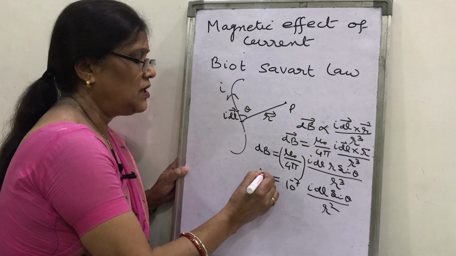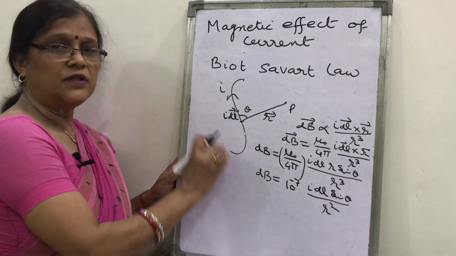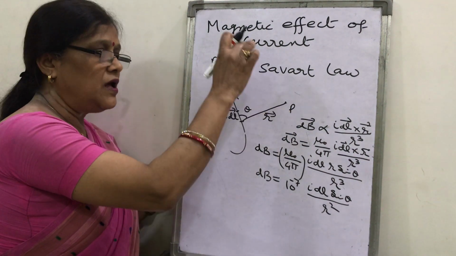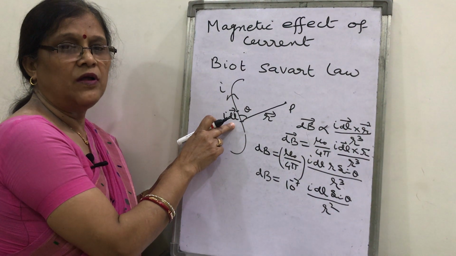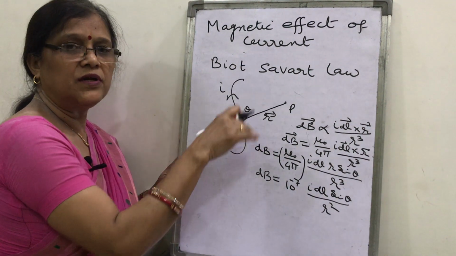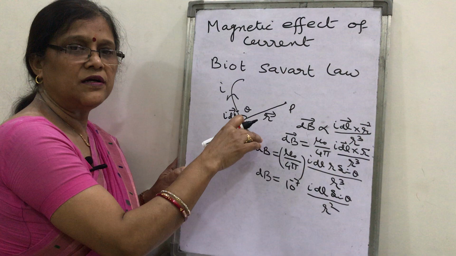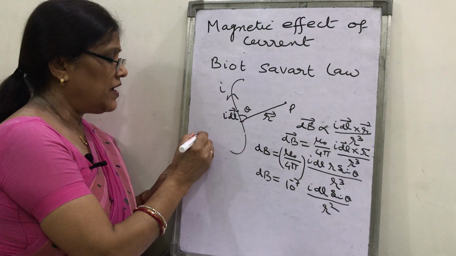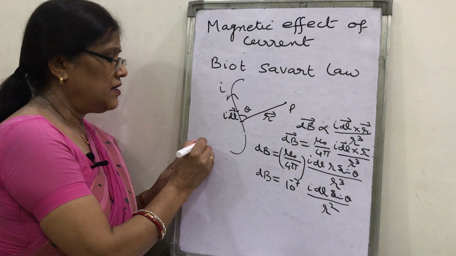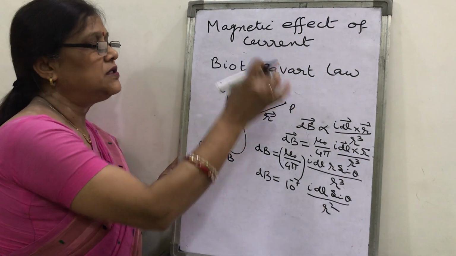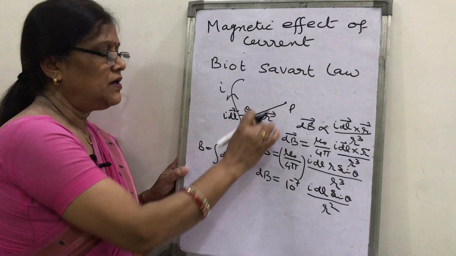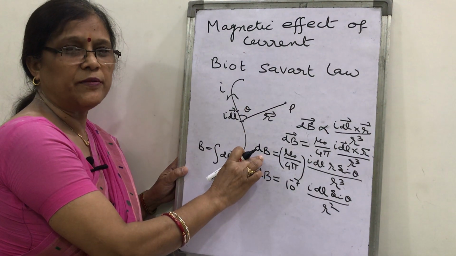So this is the magnitude of the magnetic field at point P due to the small current element. How to find the magnetic field due to the whole current carrying conductor or wire? By integrating this dB. So the Biot-Savart law is to obtain the magnetic field due to a small current element.